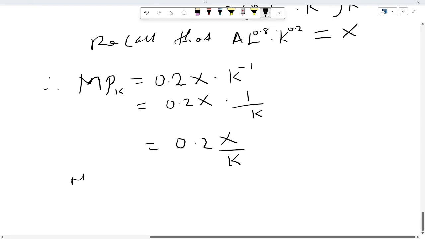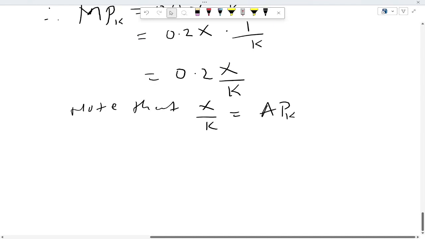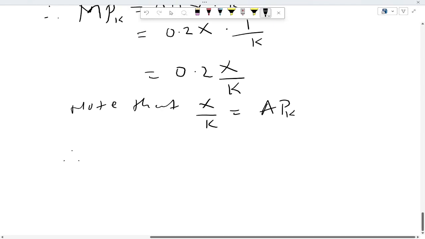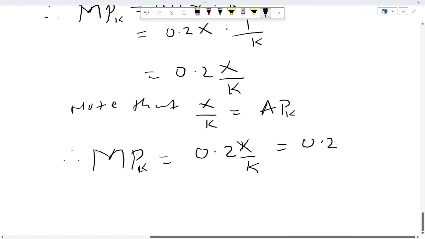Also, note that x over k is equal to APK. Therefore, your MPK is equal to 0.2 x over k, which equals 0.2 APK.